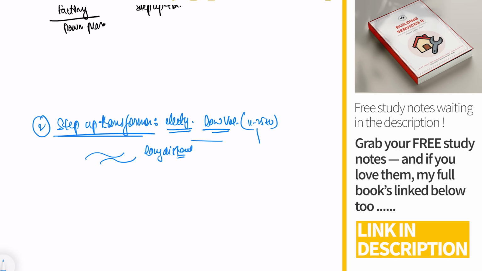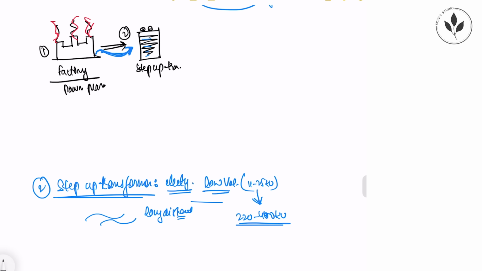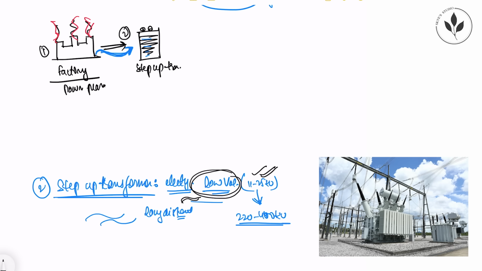We'll step up and increase the voltage from this kilovolt to 220 to 400 kilovolts. Now we know that in our power plants we are generating electricity at much lower voltage so that it is easy for us to transport this electricity over long distances.